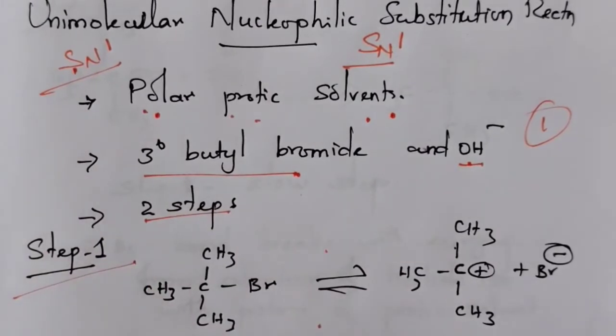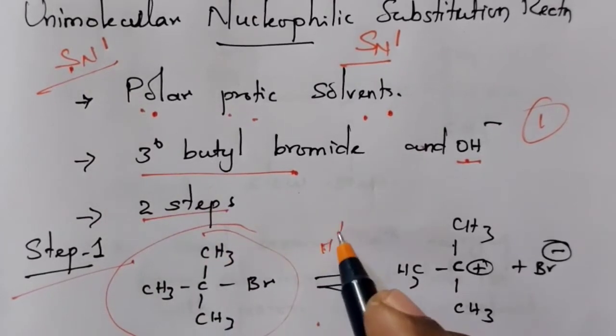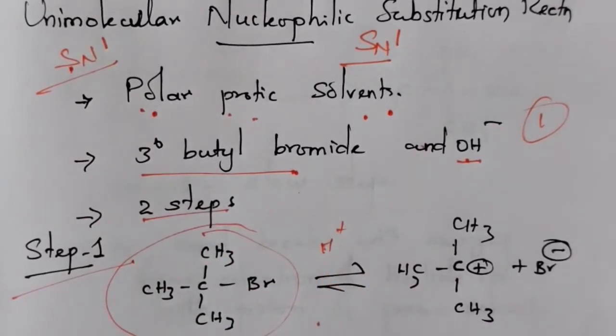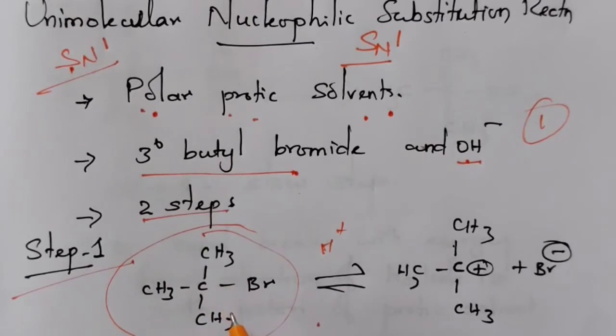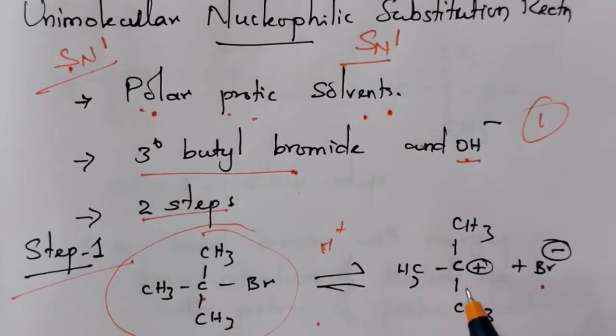In the first step, the alkyl halide, in the presence of a polar protic solvent, gets ionized and forms a carbocation and a halide ion. This is the first step for the SN1 mechanism.